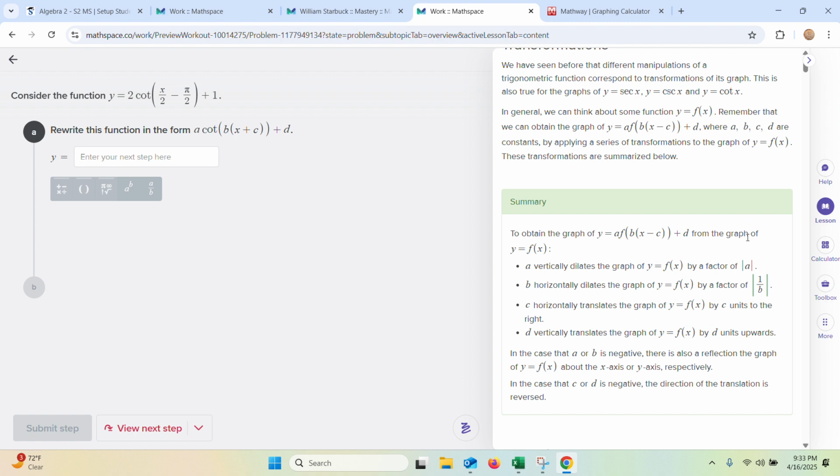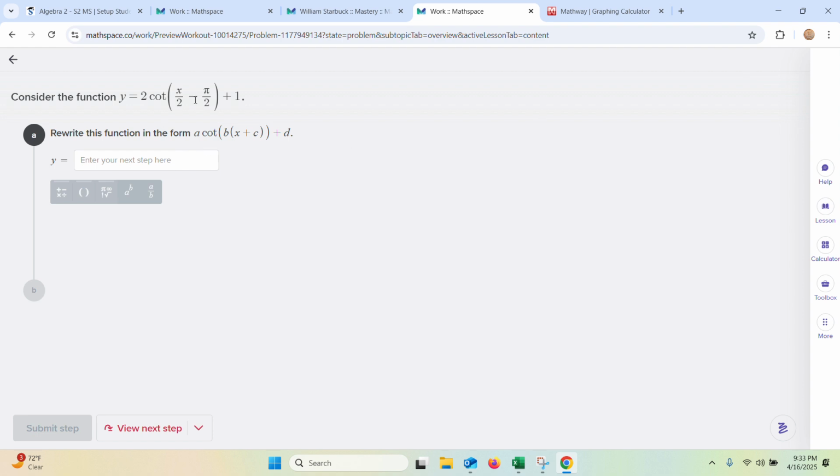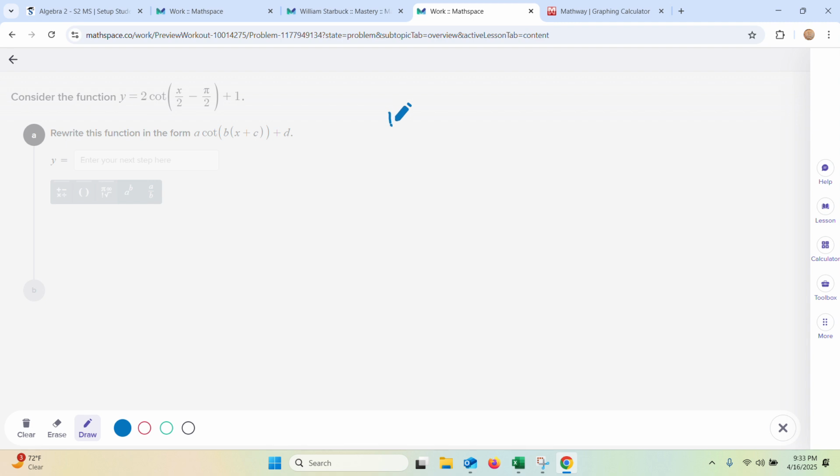All right, so with that being said, we want to get B. B's been multiplied through in here. So we want to factor it back out so it looks like this. So we're just going to do a little bit of algebra. This is the same whether it's cotangent, cosecant, or secant. Okay, so we're just going to look at the x over 2.